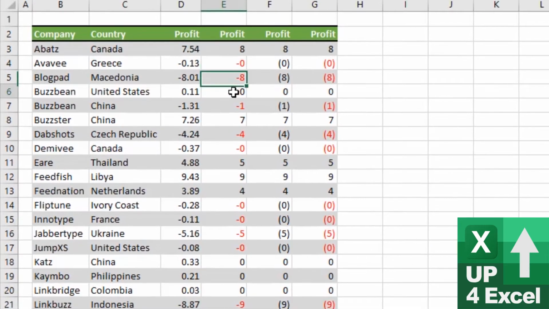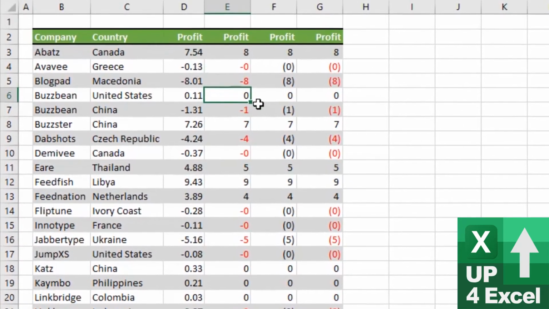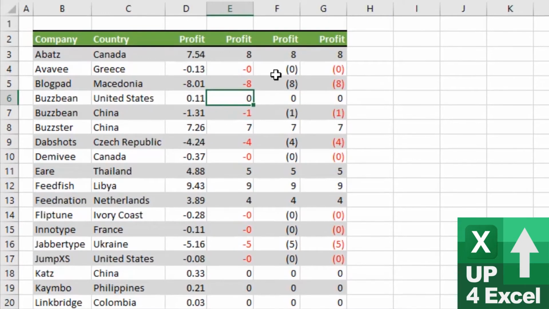And then also a bit further down you have a 0 that's not a negative 0. Now it's obvious why. One is slightly above 0 and one is slightly below. But of course if you were presenting this, and you only wanted whole numbers showing, you don't want stuff like that.